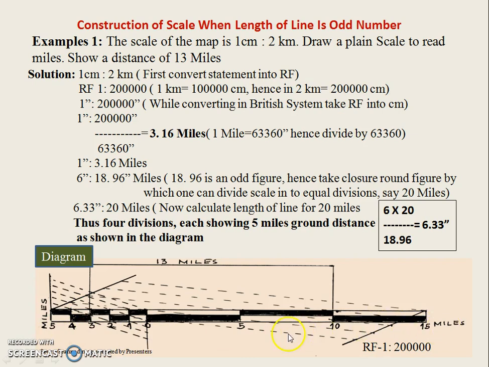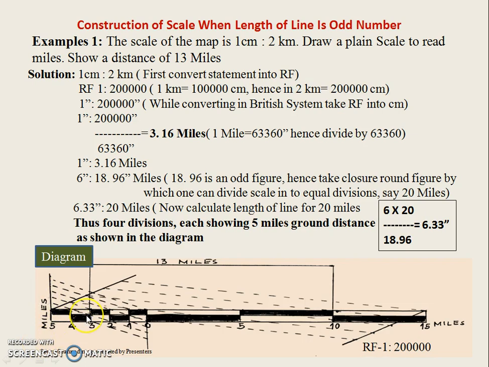Adopt the same procedure which was explained earlier to divide odd number line into even 4 primary divisions by taking equal angle both sides of a main line. Use the same procedure for dividing secondary divisions left side of 0 as shown in the diagram. 5 divisions showing 1 mile each are needed at the secondary level.